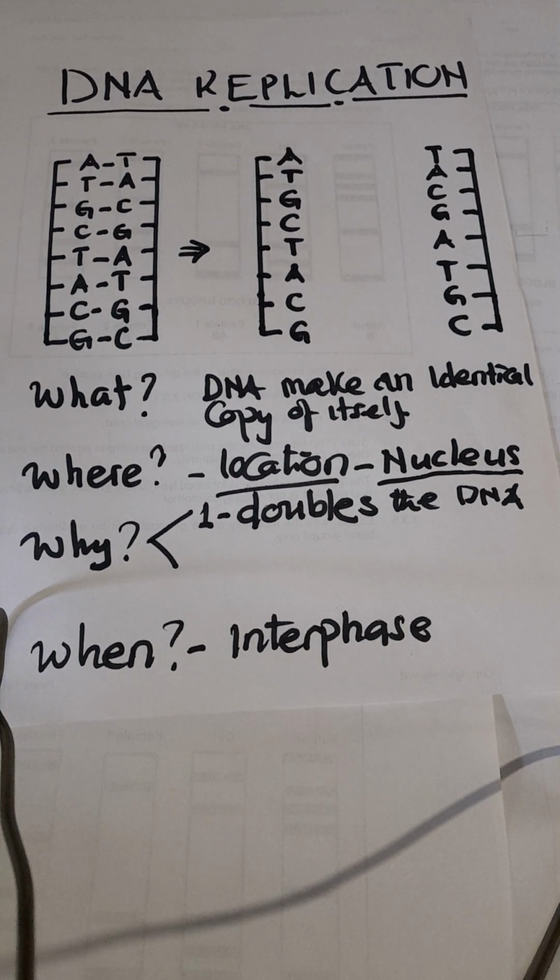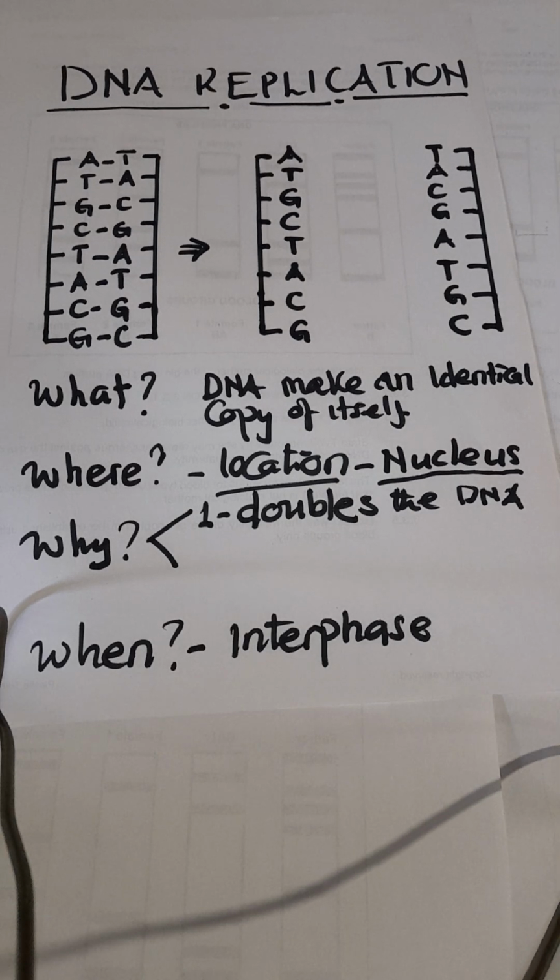So the photocopier machine is going to make another copy that is going to be identical to the original copy. So what has happened to that copy? The copy has been duplicated, meaning that you make another copy that is identical. So DNA replication doubles the DNA.